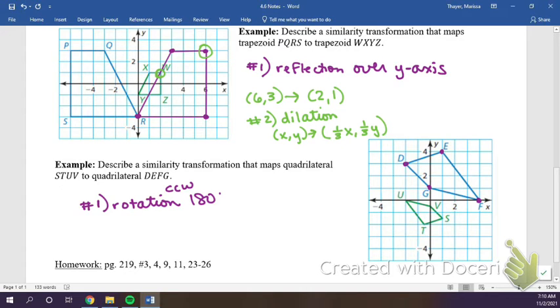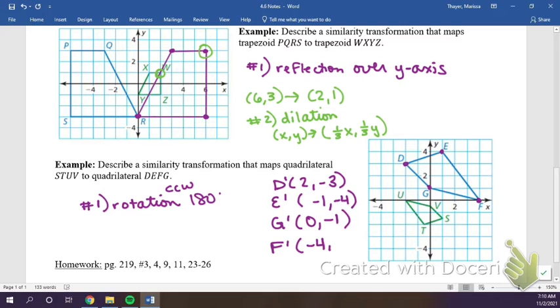My new coordinates would be, let's see, my D would be at (2, -3). My E would be at (-1, -4). My G would be at (0, -1), and my F would be at (-4, 0).